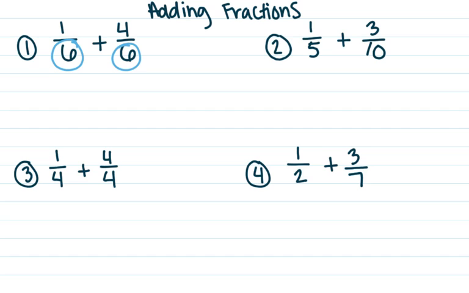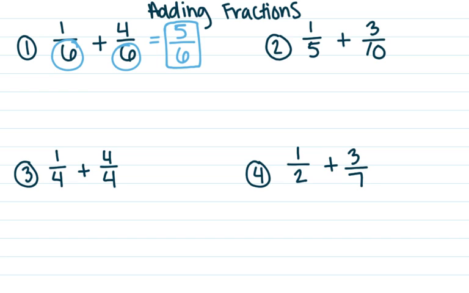You would want puzzle pieces that are the same size. 6's are the same size, and because of that I can just add these together. I add the tops together, 1 + 4, which is 5, and the size of the piece is 1/6. So 5/6 is my final answer.